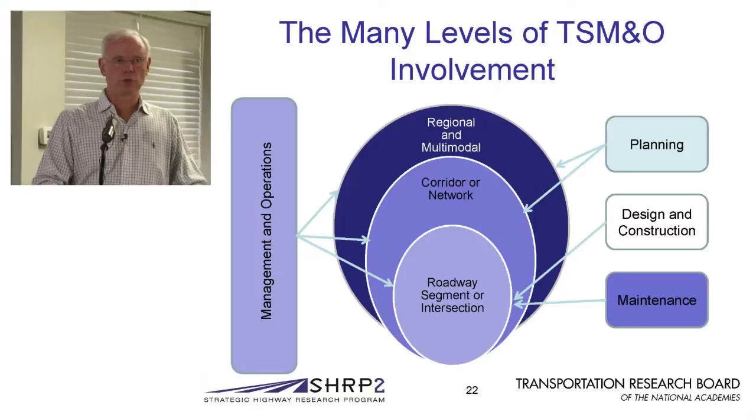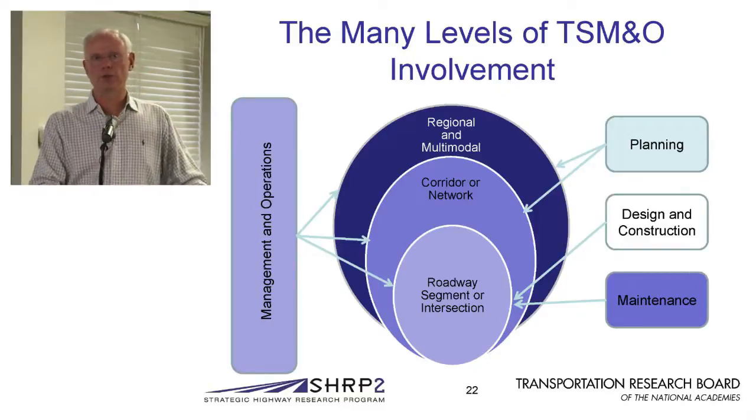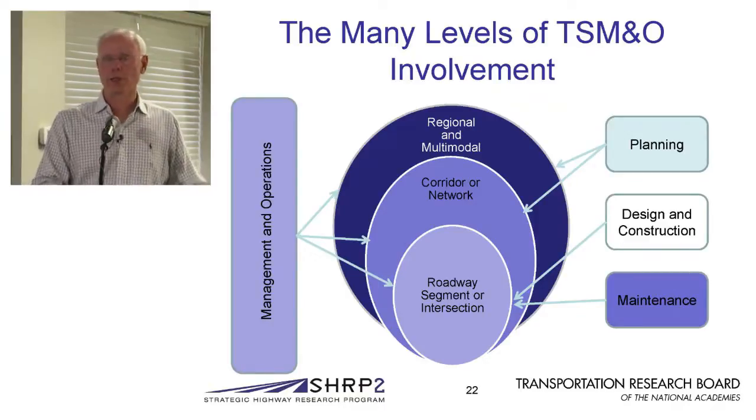It might relate to a link, a travel link, if you will, or a segment of a road. But you don't necessarily go in and rebuild all the infrastructure within an urban area. On the other hand, when you deal with TSM&O, you can make just single intersection improvements, but more typically you're dealing with at least a corridor, if not a complete area.